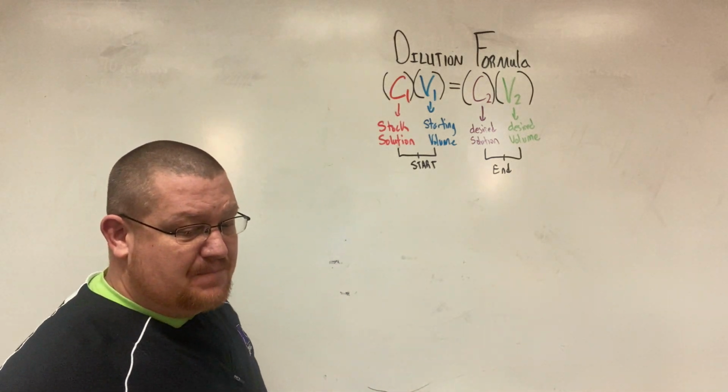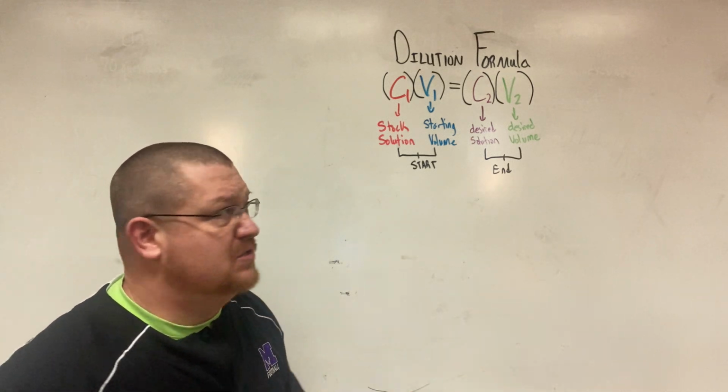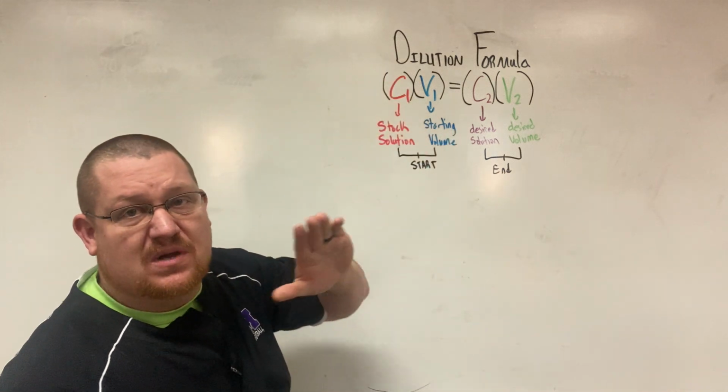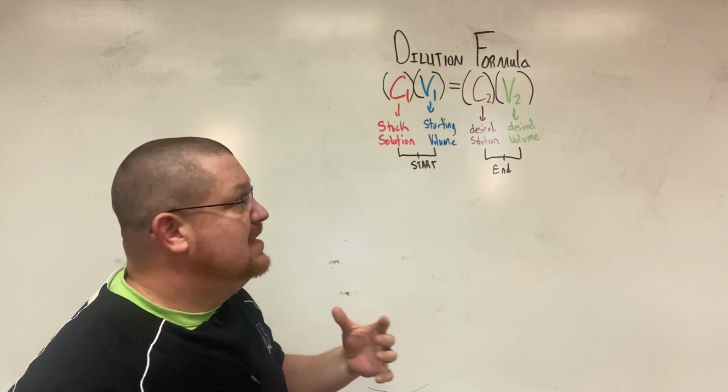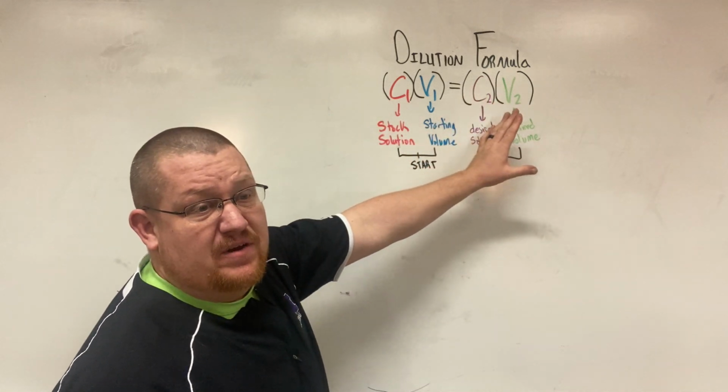So how do we figure out how we're going to make this solution? We use this formula here. This side over here, C1V1, is our starting solution. The way I like to think about it, this is where we start, and this is where we end over here.